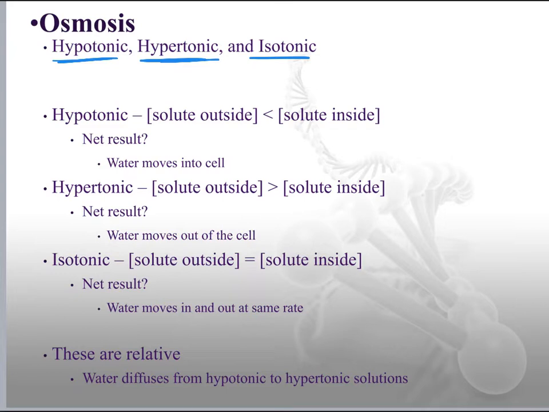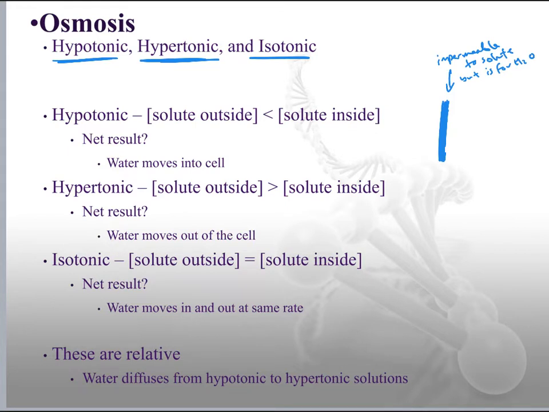Let's say we have a membrane here that is impermeable to solutes, but it is permeable for water. So we can let water come through here, but we can't let solutes go through.